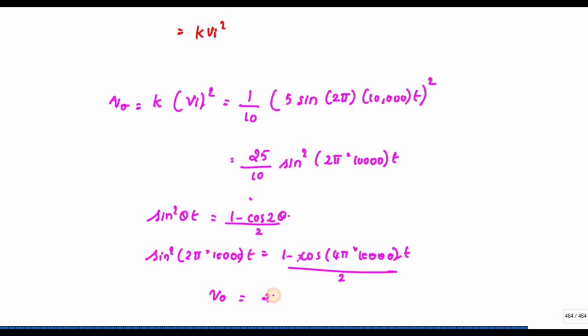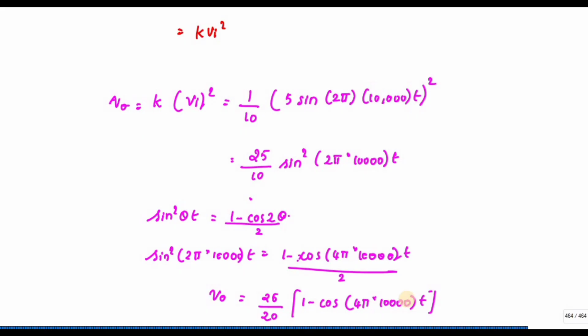I will get 25 divided by 20 into (1 minus cos of 4 pi into 10,000 t).